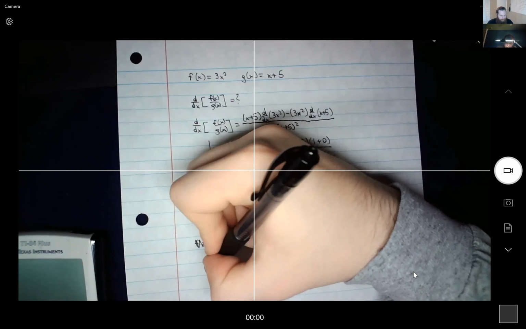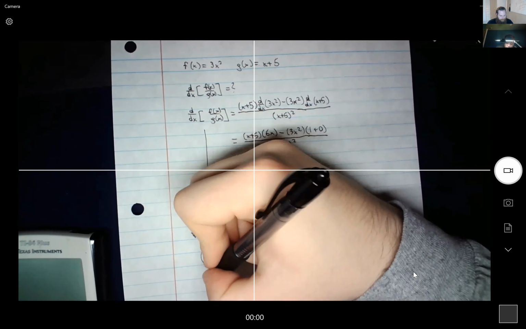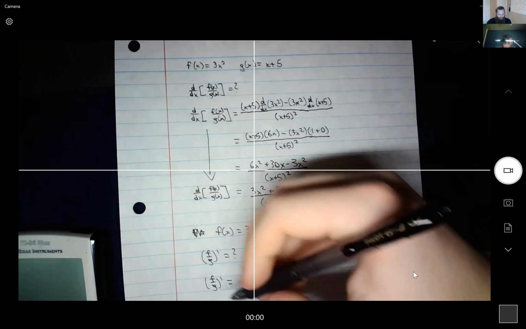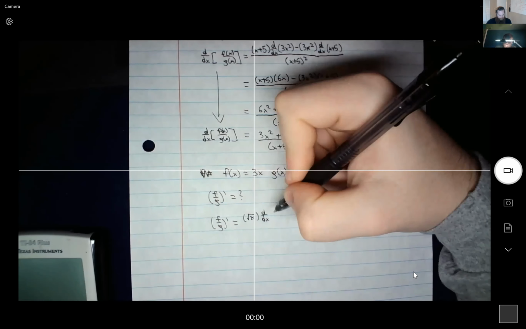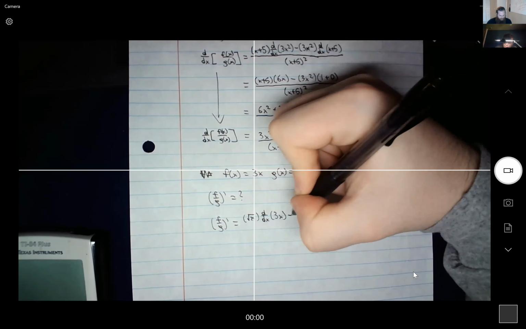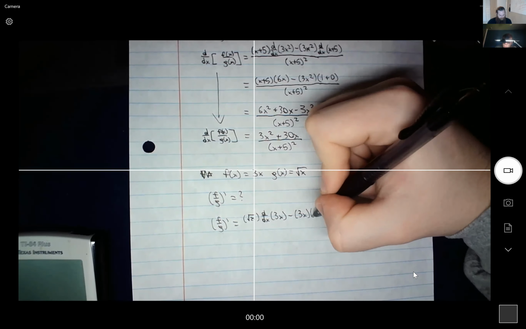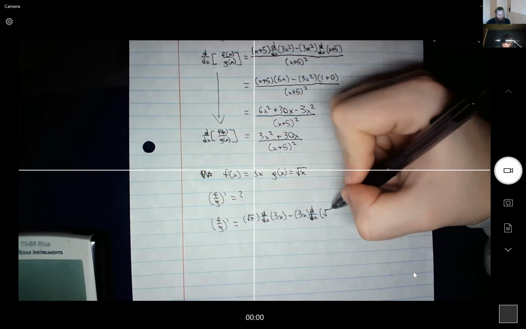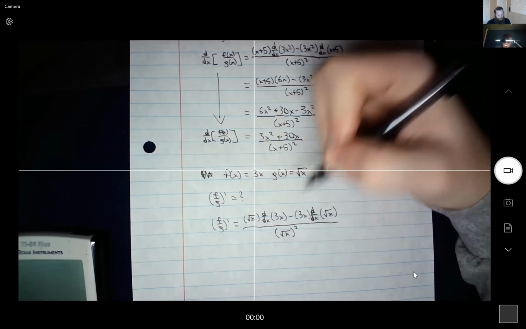So f over g prime equals, so we have to set it up. f over g prime equals derivative of low, which is g of x, d high, which is f of x, minus high, which is f of x, times d low, all over low squared.